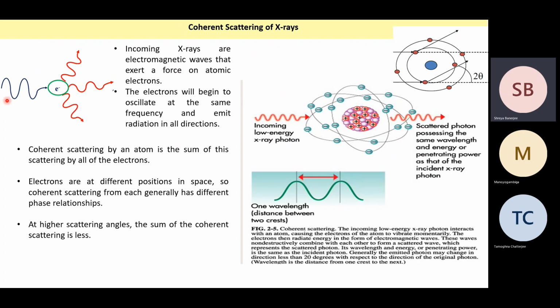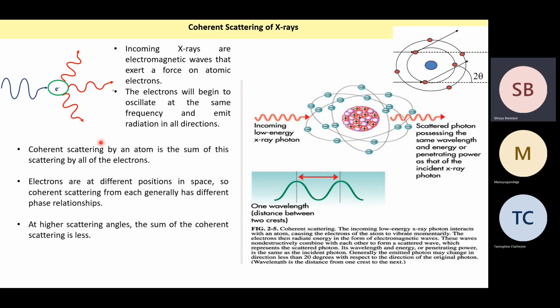In coherent scattering, the incoming X-ray, which is an electromagnetic wave, exerts a force on atomic electrons. X-ray, being an electromagnetic wave, has an electric field as well as a magnetic field, and because of that, it exerts a force on the electrons of the atom. In the presence of the electric field of the X-ray, the electron in the atom will begin to oscillate at the same frequency and emit radiation in all directions.